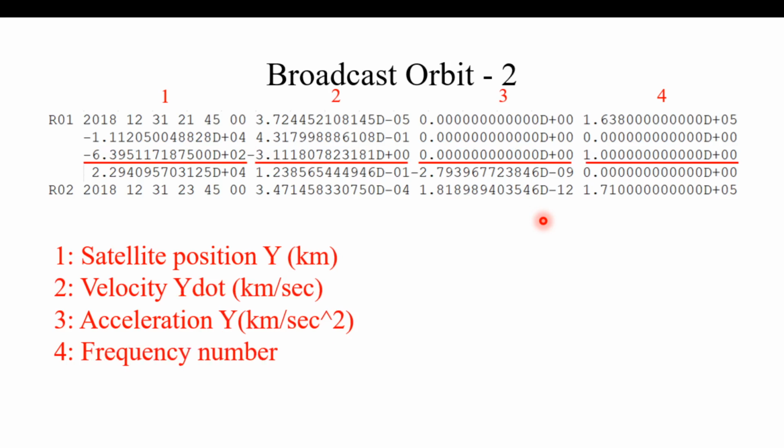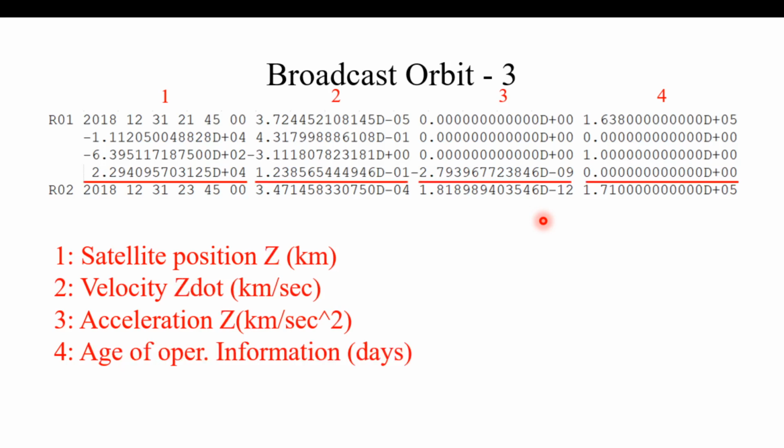In this third line, the satellite position again for the y component, velocity and acceleration are also included. And the fourth line, you see this time the z component. As you see, the GLONASS system uses a different determination of the orbit. It uses the initial value problem.